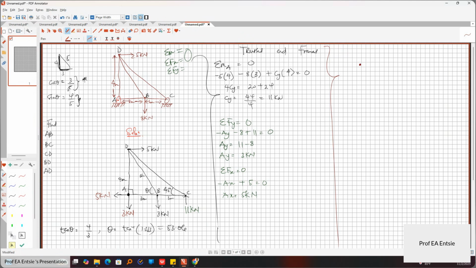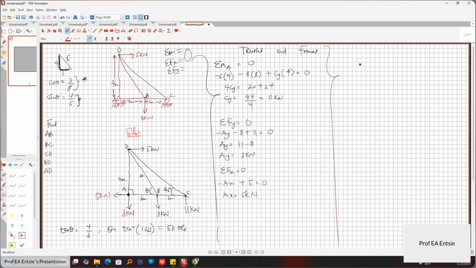You take every joint. But someone is asking, hey doc, what is a joint? A joint is where 2 or more members are reaching or passing through. Here we have a member AD, and another member AB. These two forces are not members, they are just reactions on it.